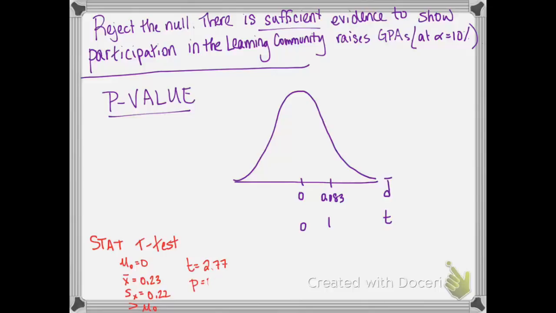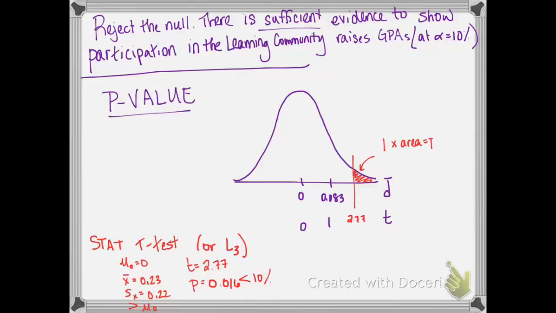We find that our p-value is 0.016, it's less than 10%, so we reject the null. The other way we could do it is to choose stats and list 3, or data and list 3, and do our test that way.